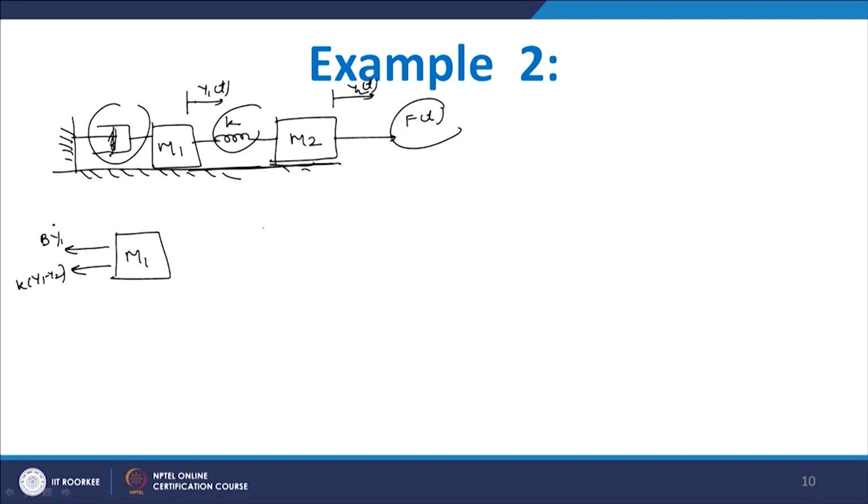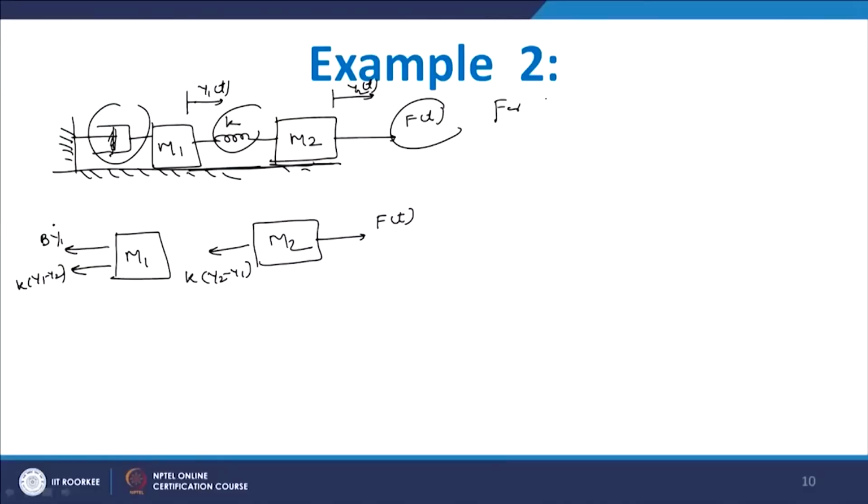Now, coming to m2, the force f of t has been applied and it has been opposed by only spring k times y2 minus y1.